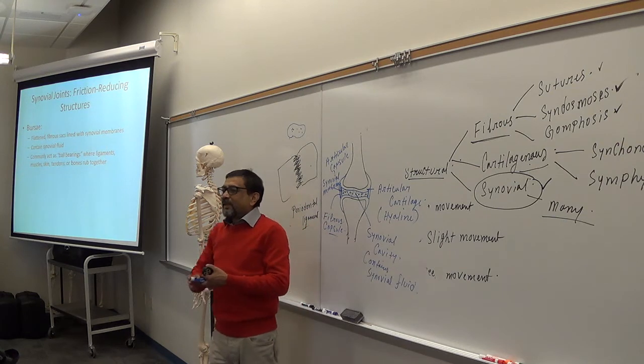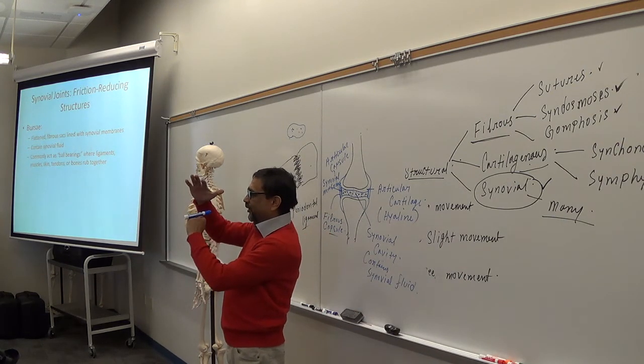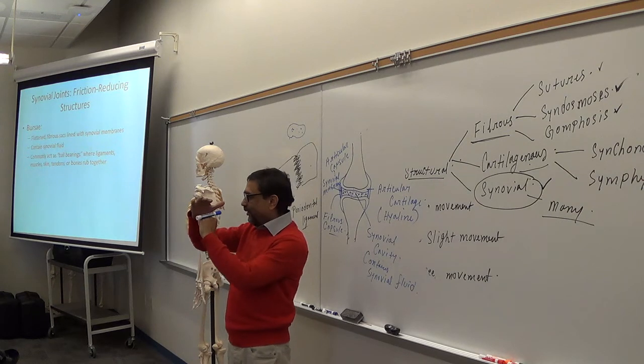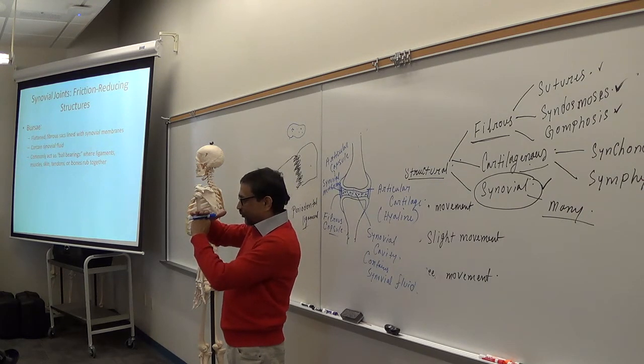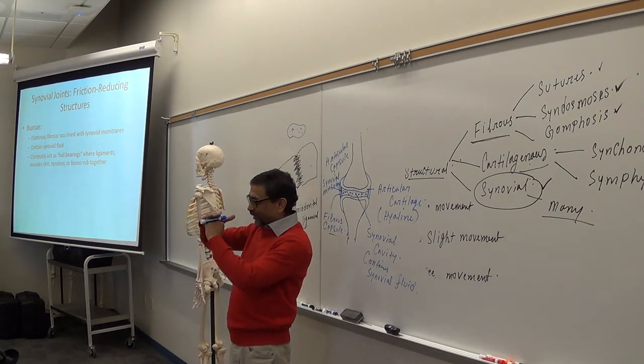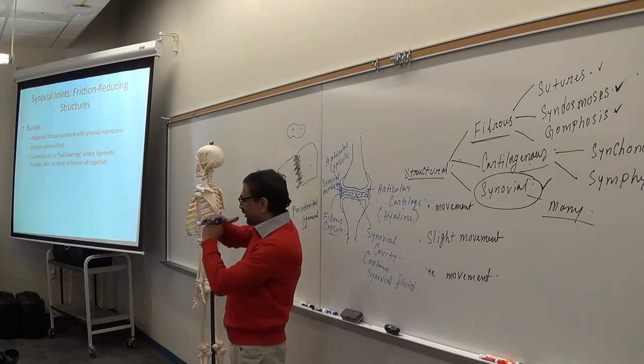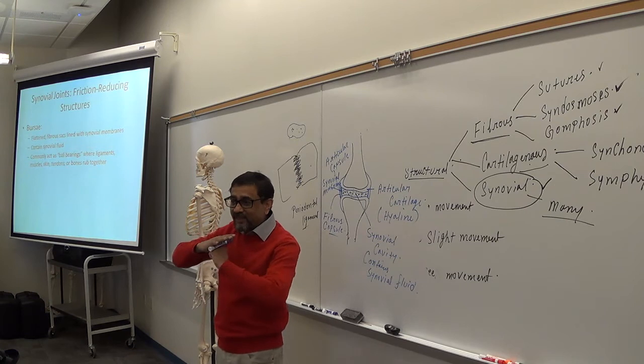So, this is a bone, this is a ligament or muscle here. So, this bursa is in between. Make sense? Now, when I move this bone, what happens? The bursa rolls, right? And that reduces the friction, right?